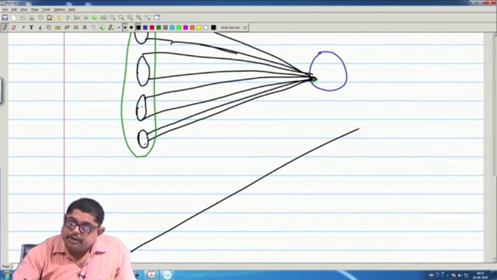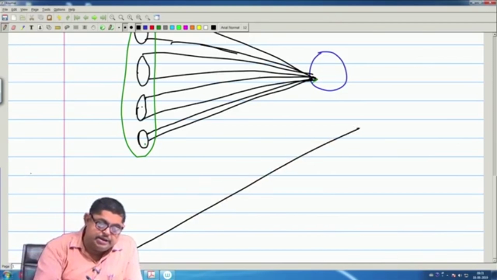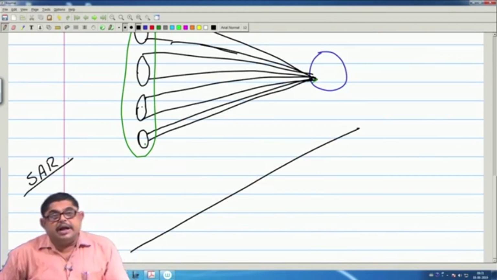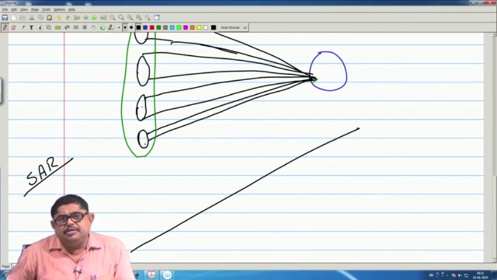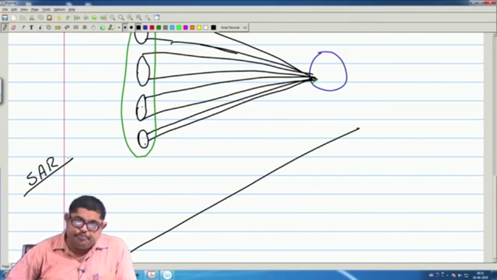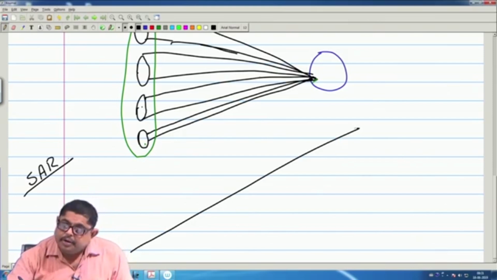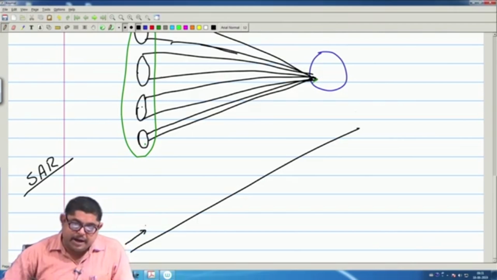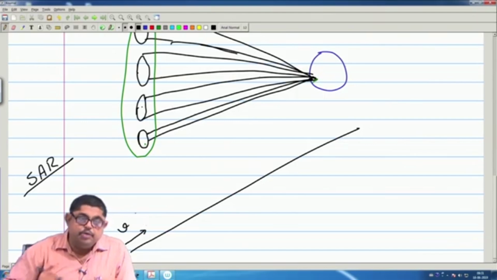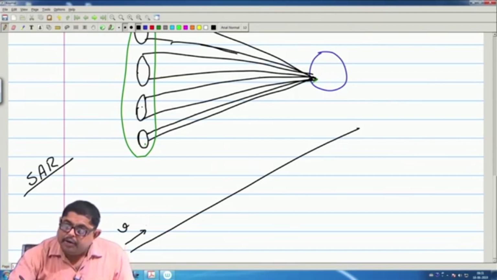Suppose we are classically discussing SAR, that means the radar is moving, the targets which you can assume ground in this case. So, ground is stationary. So, this is that a radar is moving with a uniform velocity v along a line.